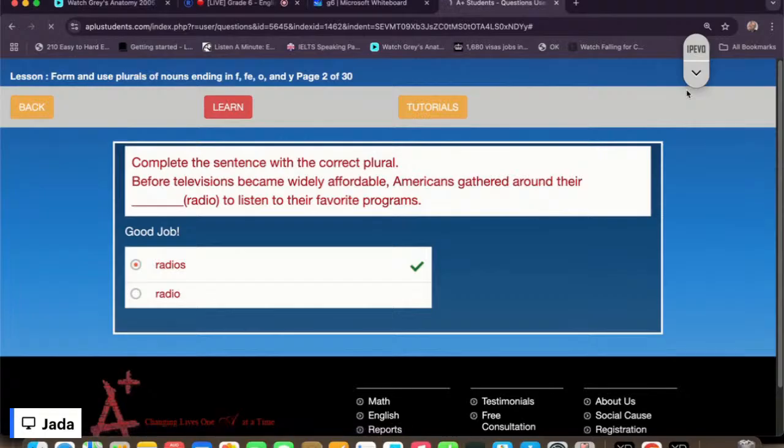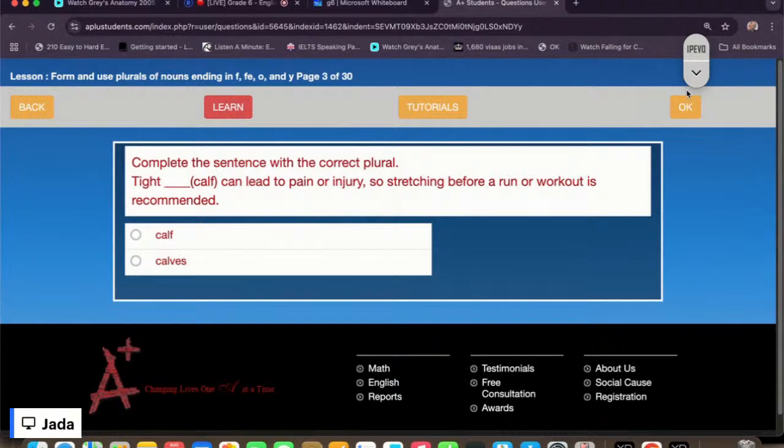Okay. So next up we have: tight calves can lead to pain or injury. So stretching before a run or workout is recommended. First or second.